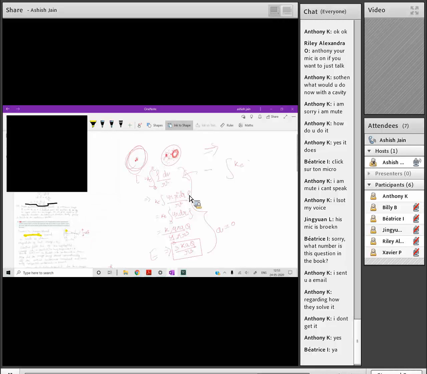And you say there's a charge at the center of it, divided by r square, and charge is given as rho dV.